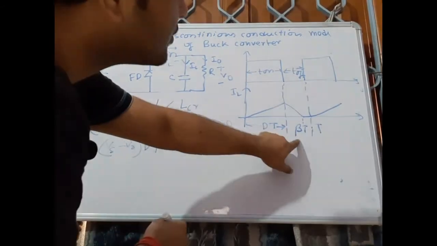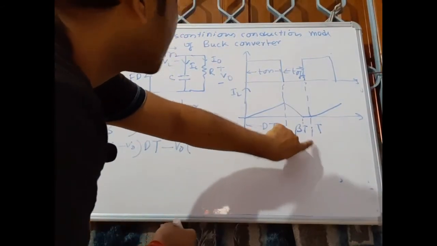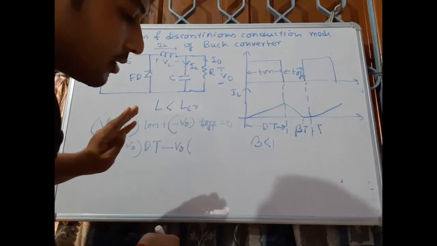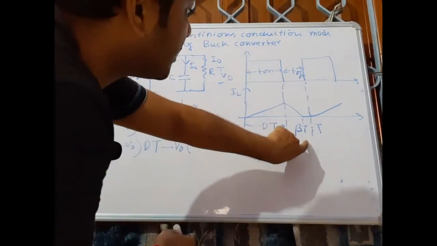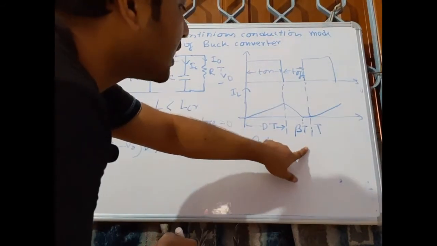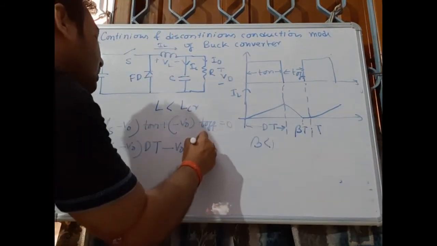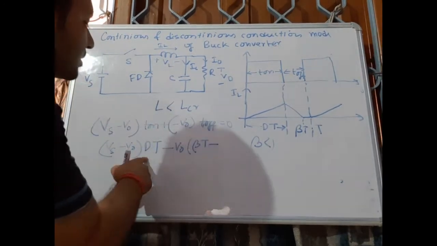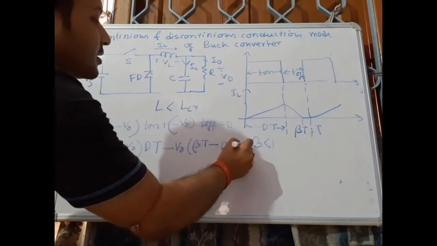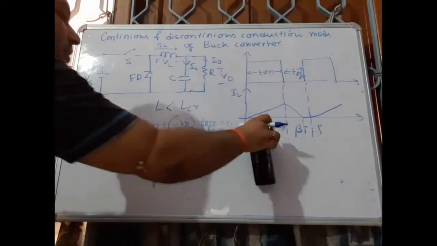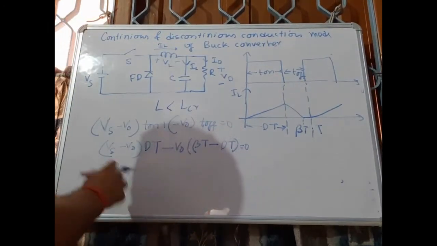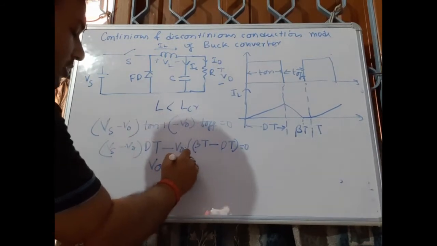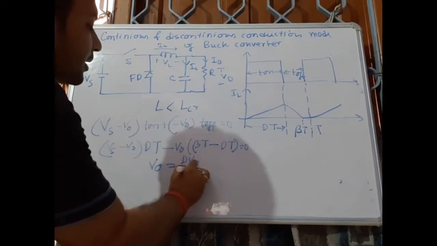Here actually T off is not T minus T on, here it is beta T minus T on, so minus V naught into (beta T minus DT) is equal to 0. Now if I get the solution, we have V naught is equal to dVs divided by beta.